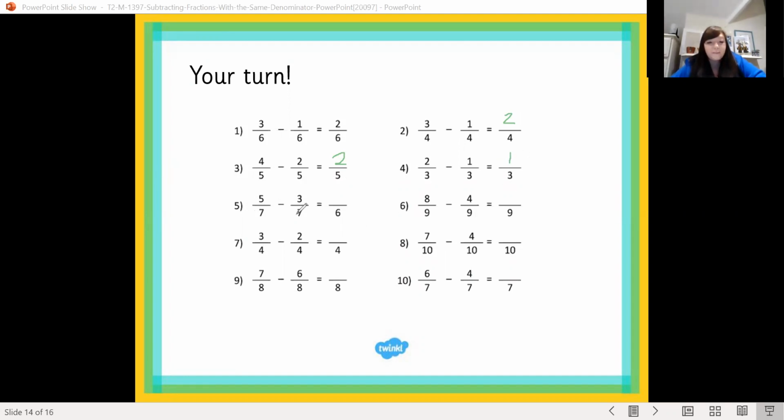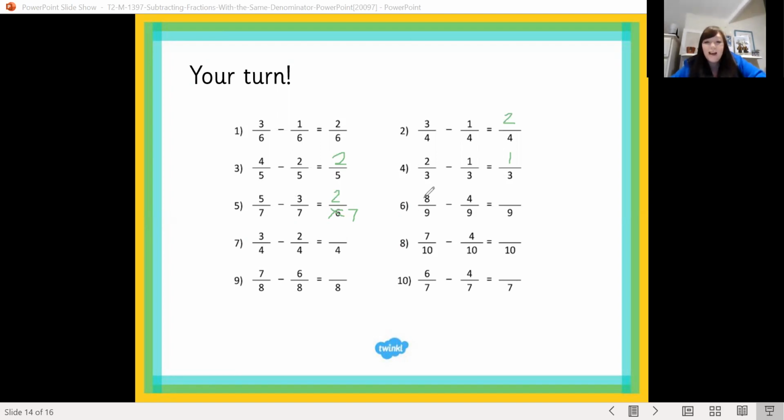Number 5. Did anyone spot the error with number 5? So here it's written 6 and it's actually 7 because the denominator never changes. So we've got 5 take away 3 is 2 and we're left with 2/7. Well done if you spotted that mistake.